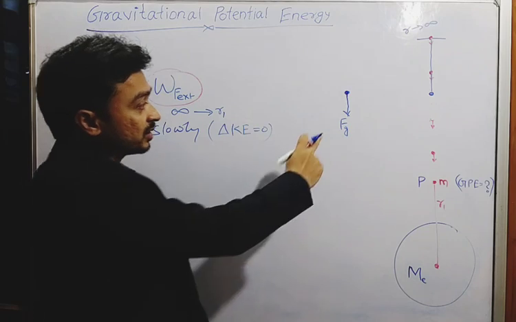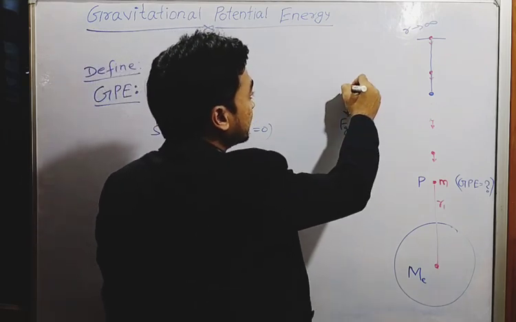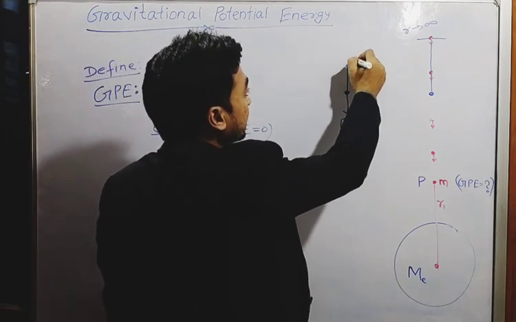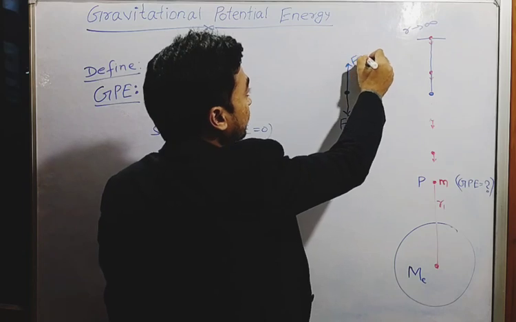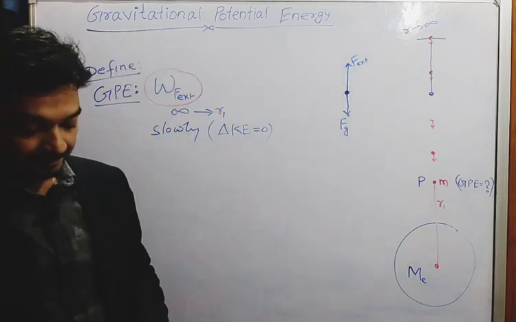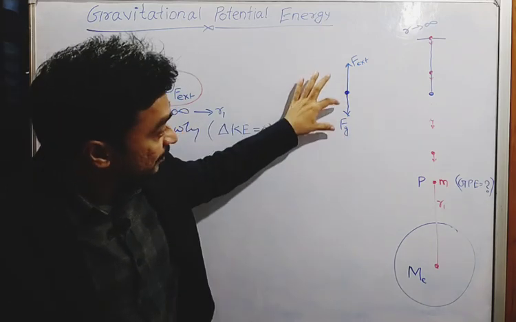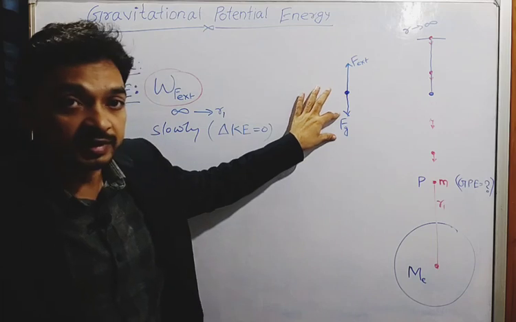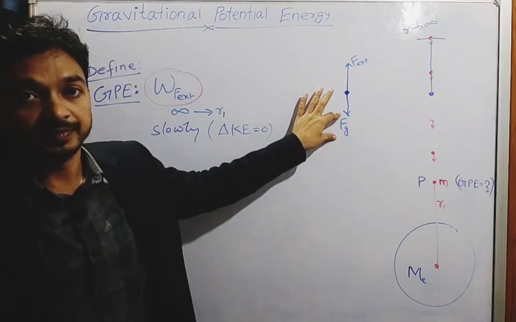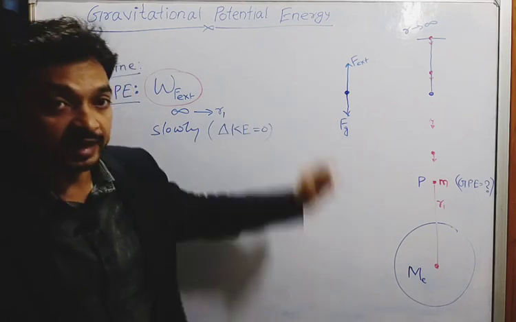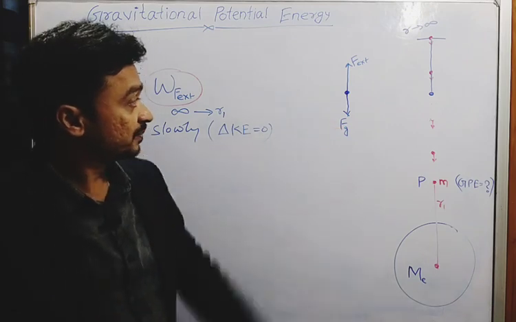And another force to balance it acts in the opposite direction, that is the external force. The external force must be equal to the gravitational force in magnitude and act in the opposite direction just to balance it.